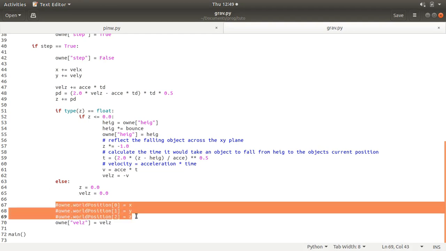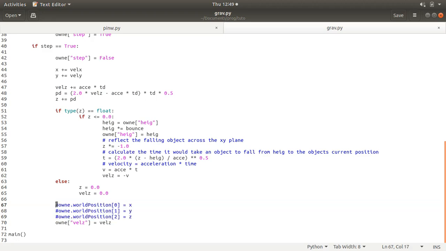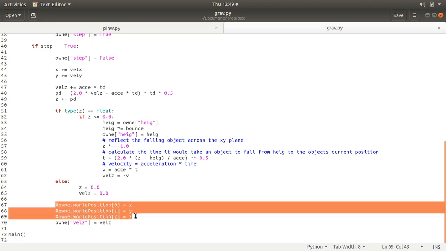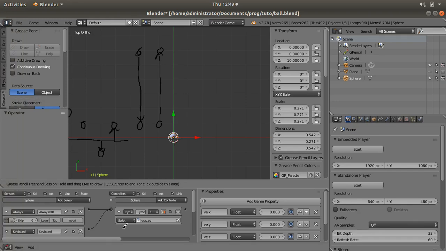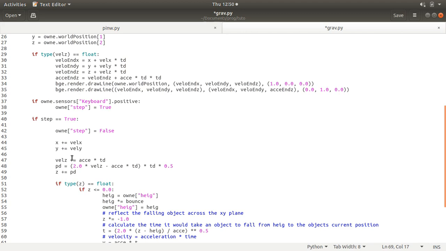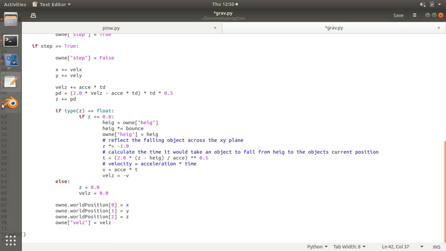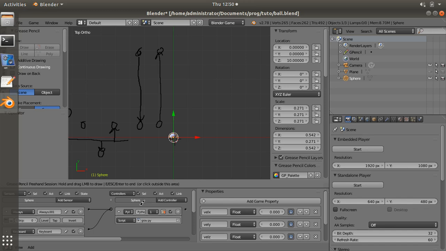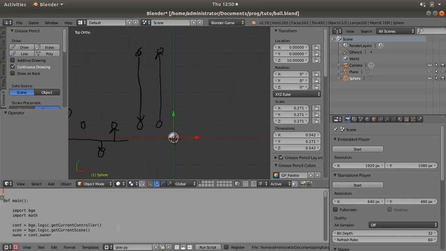This is an outdated script I need to reload, but this is what I was going to do next, is freeze the position of the ball. Well, actually, not that. First, I'm going to step the ball. So I'll try reloading this.